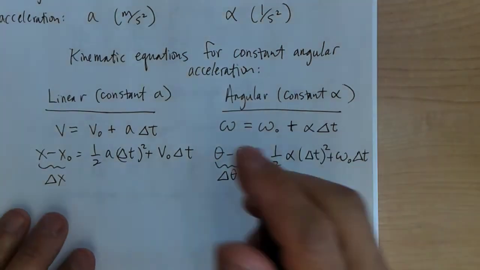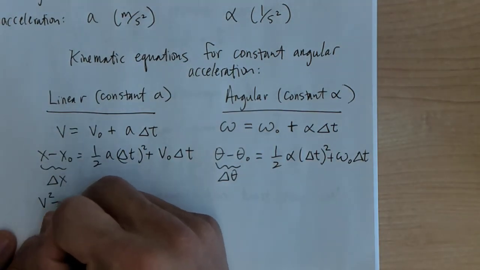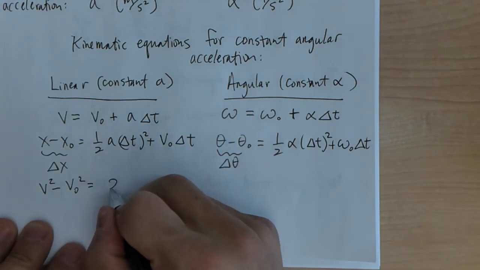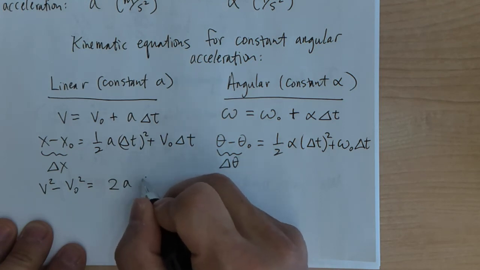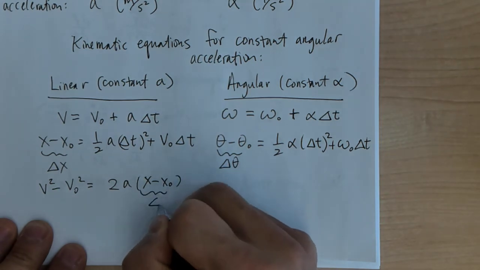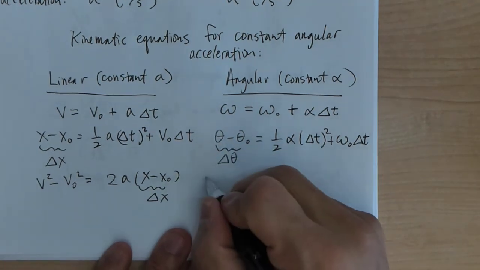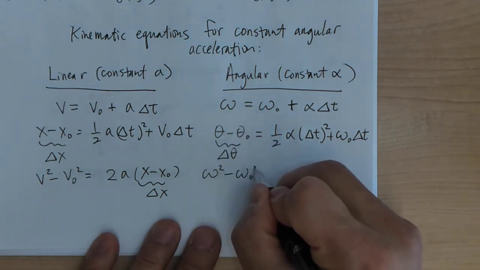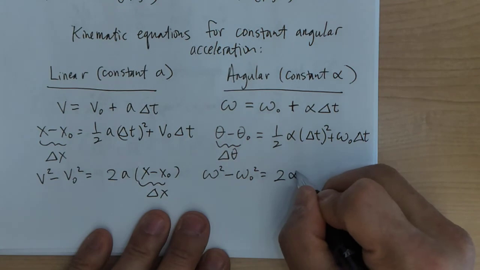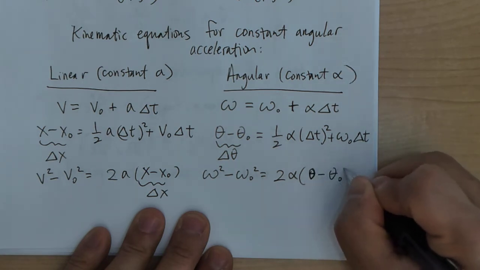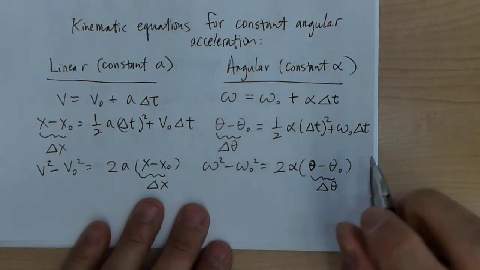We also have the formula v final squared minus v0 squared is equal to 2 times a, the acceleration, times x minus x0, or delta x. Over here we have final angular velocity squared minus initial angular velocity squared equal to 2 times the angular acceleration, times theta final minus theta initial, or delta theta.